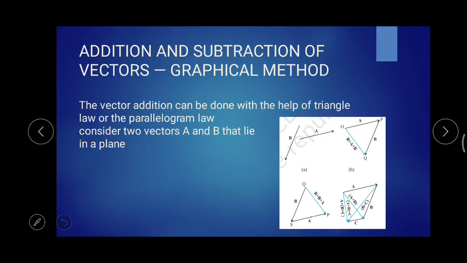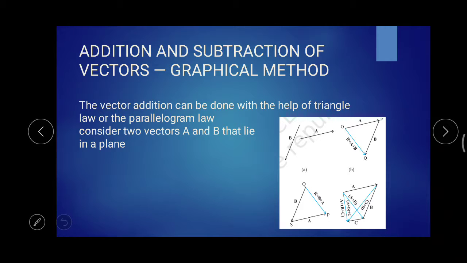But in the case of vectors, we have to consider both magnitude as well as direction. So we have another method of solving the addition of vectors, which is known as the triangle law or the parallelogram law. How to do this, we are going to see now.